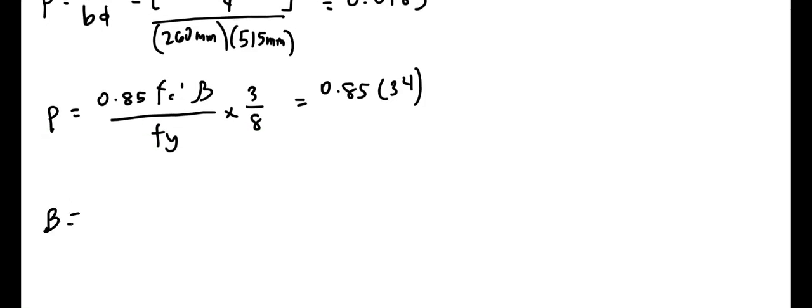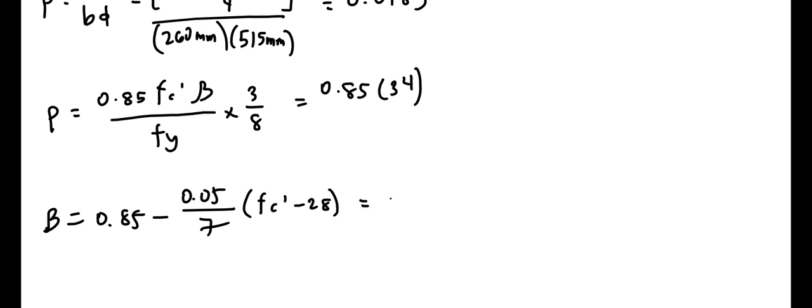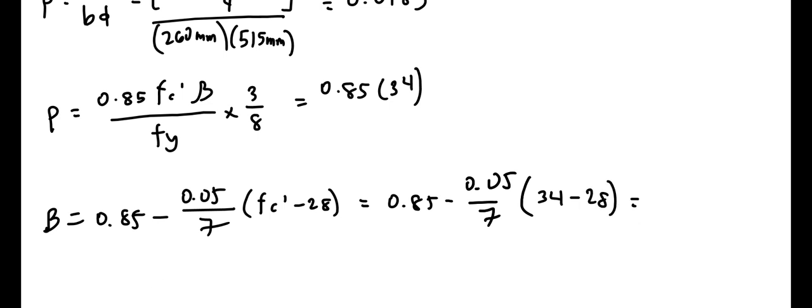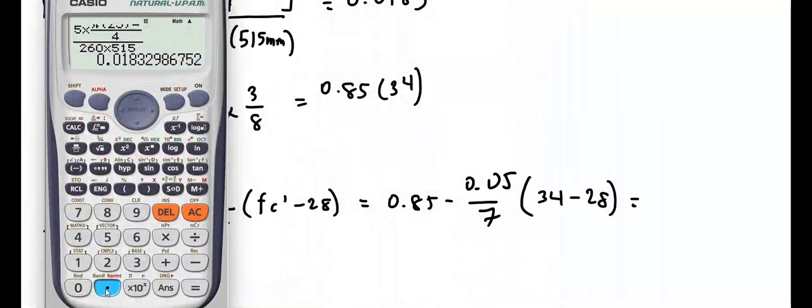We need to solve for beta. So beta is given by the formula 0.85 minus 0.05 over 7 times Fc prime minus 28. So we have an Fc prime that is equal to 34 minus 28. Solving for beta, that is equal to 0.85 minus 0.05 over 7 times 34 minus 28. We get a value of 0.807.